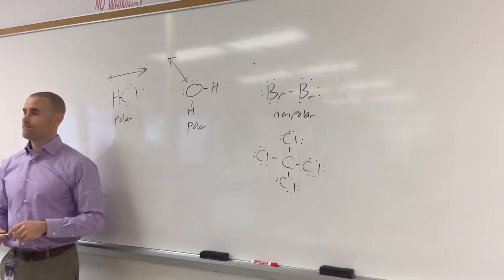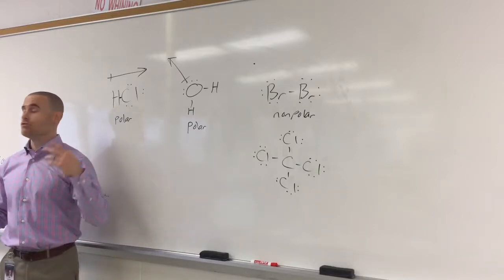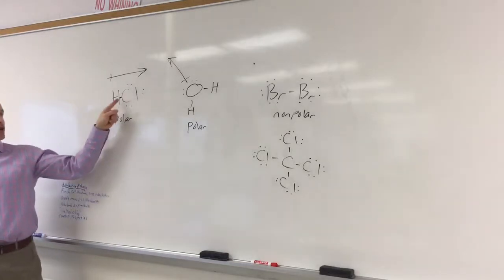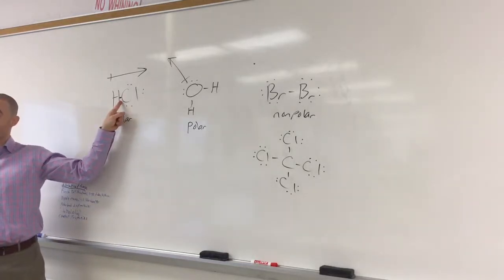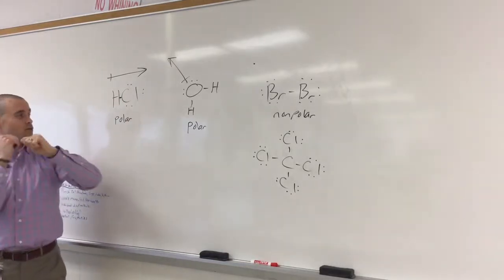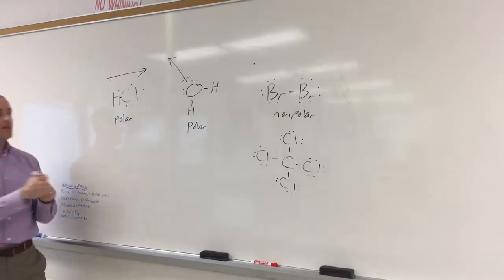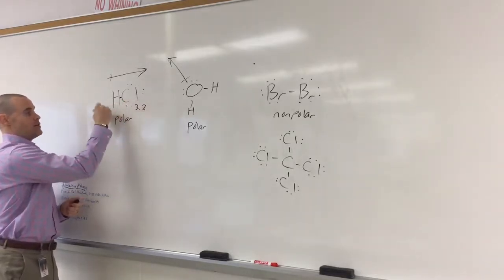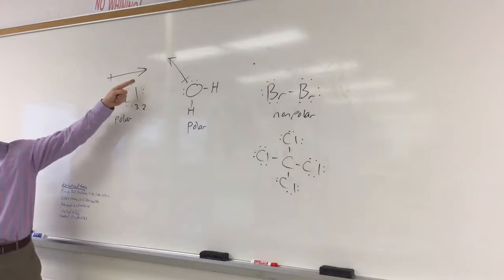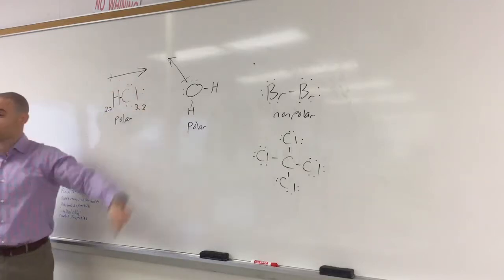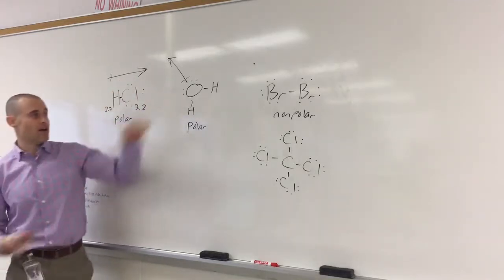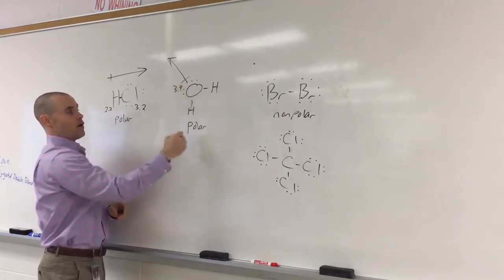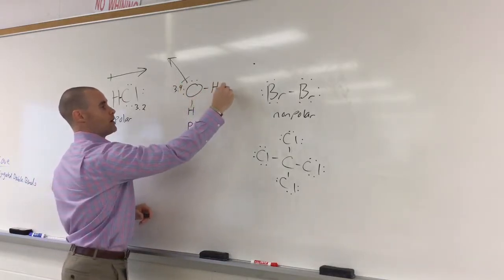That's it. Think of the tug-of-war analogy I use all the time. These two are sharing electrons unequally. Cl is way stronger than hydrogen. Cl 3.2, H 2.2. So that arrow just tells me what direction the electrons are getting pulled in. Same thing here. Oxygen 3.4. Hydrogens are both 2.2.